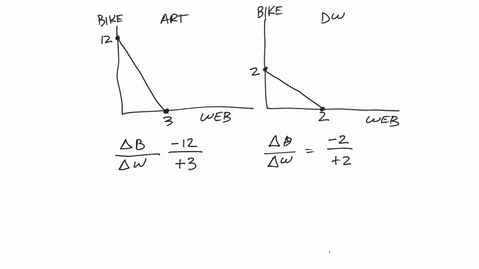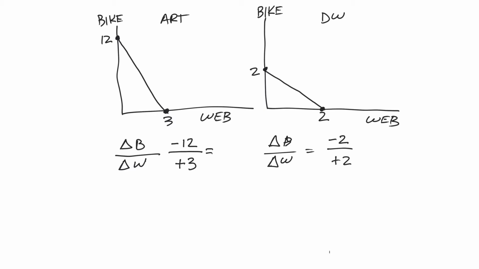But the nice thing about ratios, and the reason I wrote it this way, is that the ratio always ends up with a denominator of 1. That's why I put the good we're trying to find the opportunity cost of in the denominator, because it's going to become a 1. We don't want to know what 3 web pages is going to cost us. We want to know what 1 web page is going to cost us. So let's take this out.